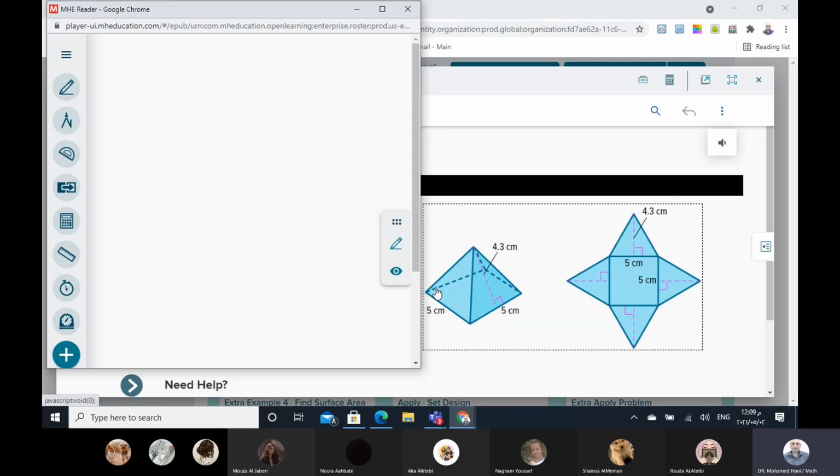And as you remember, the square means we have 4 congruent sides. Here 5, here 5, here 5, here 5. And when the base of the pyramid is regular, it means we have 4 congruent lateral faces.